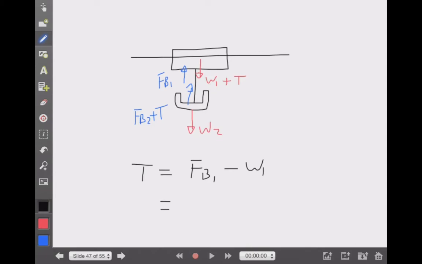The buoyant force is going to be equal to gamma of the water times the volume of the submerged portion of 1, so S1, and then minus the weight, which will be the gamma of the wood times the total volume of the wood block, which is V1. That's going to be the tension.